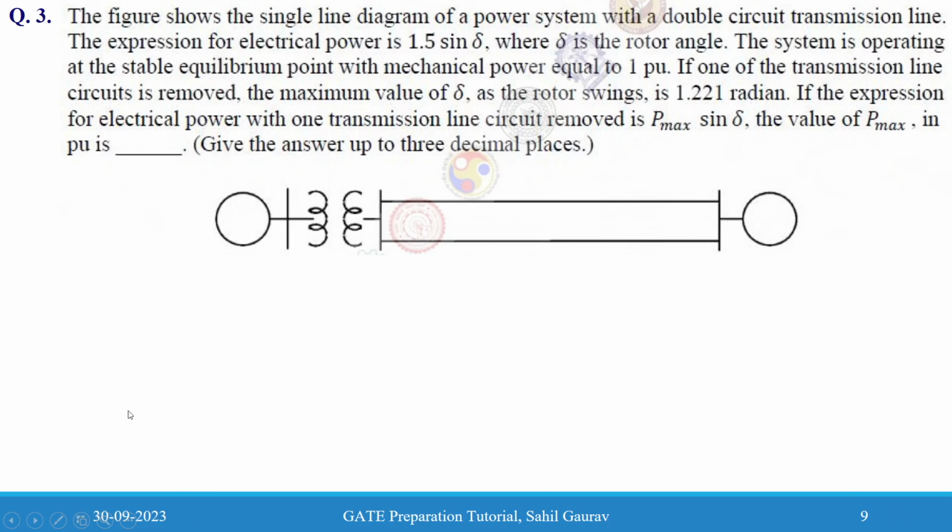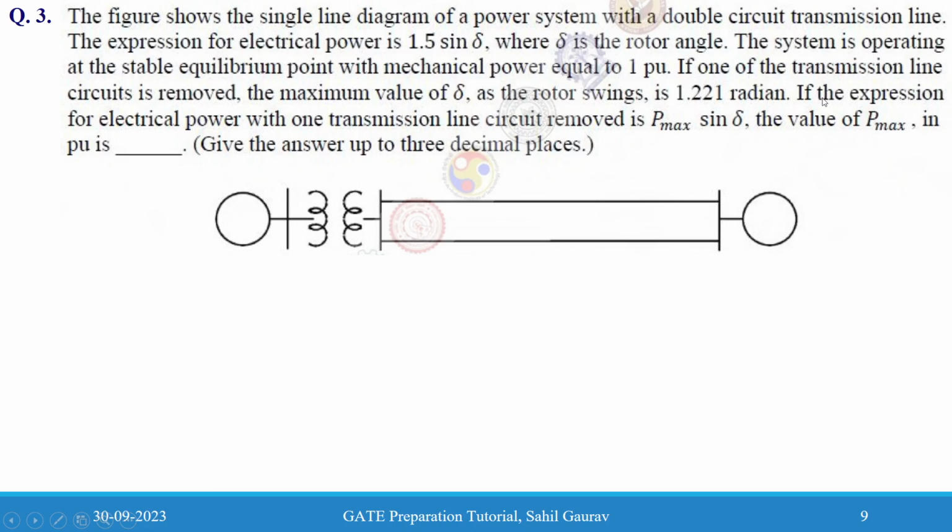The next problem is that this figure shows the single line diagram of a power system with a double circuit transmission line. The expression for electrical power is 1.5 sine delta, where delta is the rotor angle. The system is operating at the stable equilibrium point with mechanical power equal to 1 per unit.